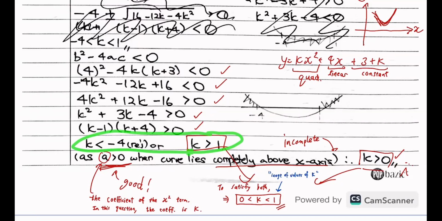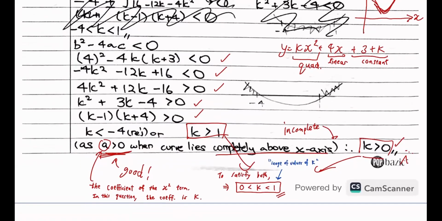Actually, let me just double check first. More than 0. Correct. Yes. You cannot have -4 because the moment you're less than -4, you can just quickly check by subbing in x equal to 0. Let's say it's -5, then -5x squared plus 4x plus 3 minus 5, which is -2.